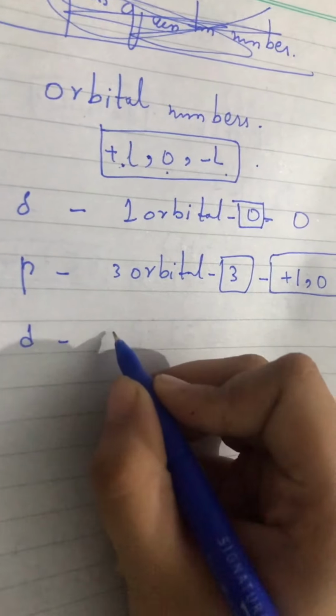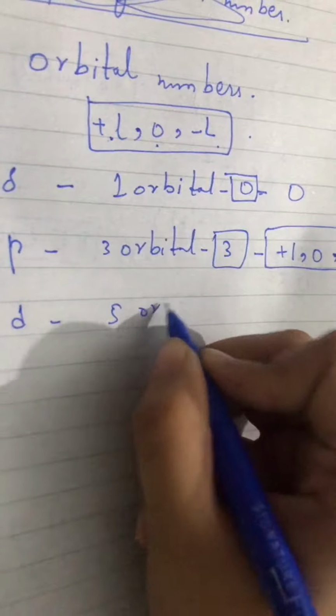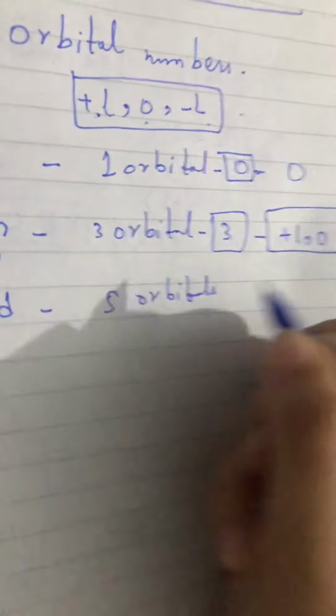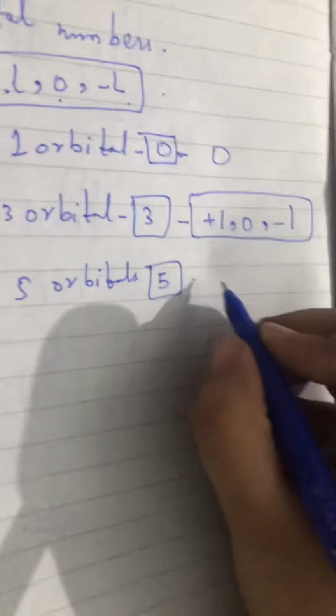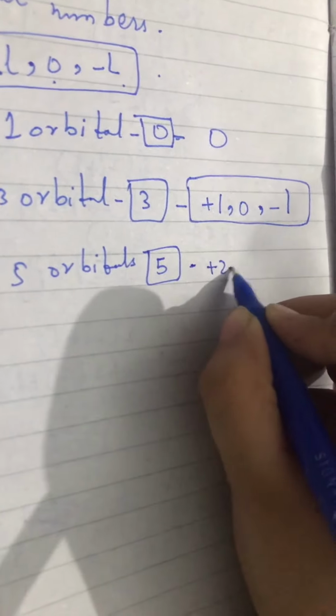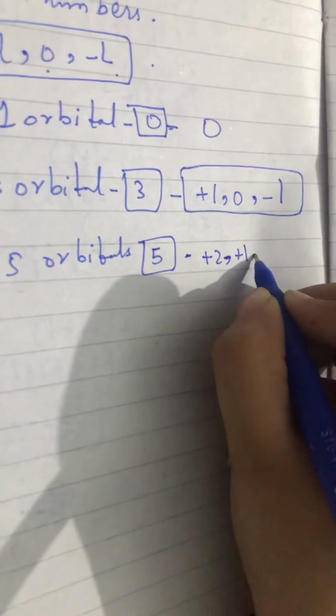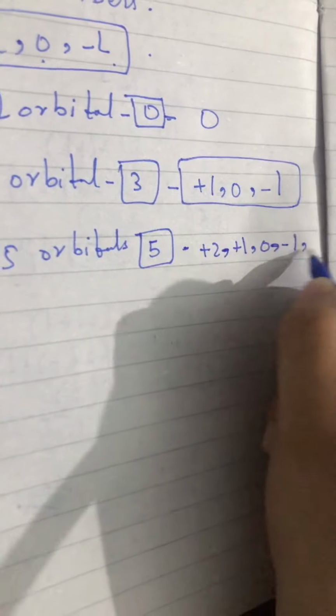And D. In D we were having 5 orbitals, and we were having 5 orientations too. So how will we write 5 orientations? That will be plus 2, plus 1, 0, minus 1 and minus 2.